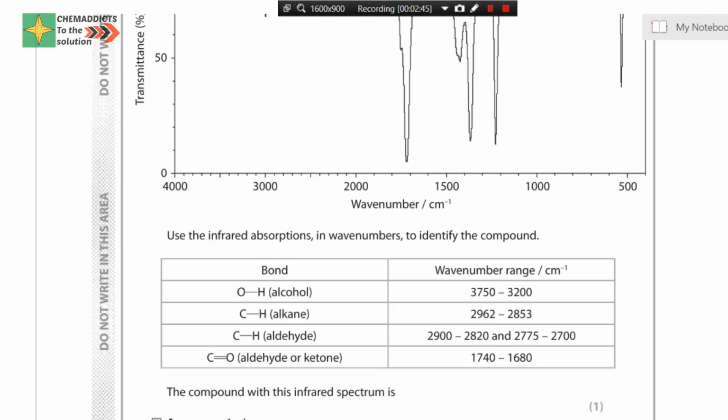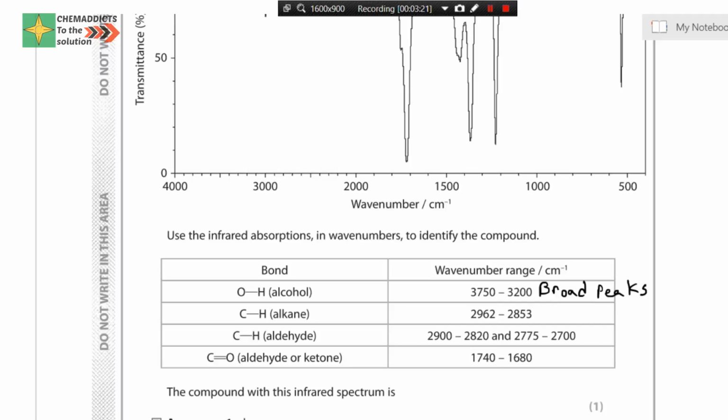In the case of alcohol, we are expected to find broad peaks. The other two give normal peaks, nothing abnormal.